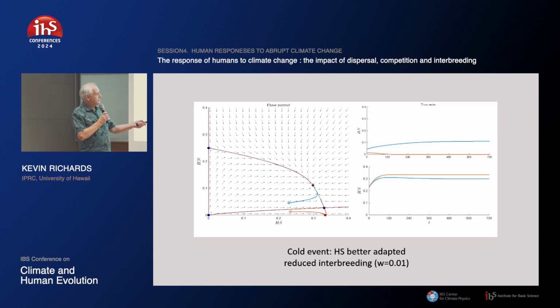If you start at this side of the stable manifold, then you end up with the Neanderthals going extinct, and we only have Homo sapiens.